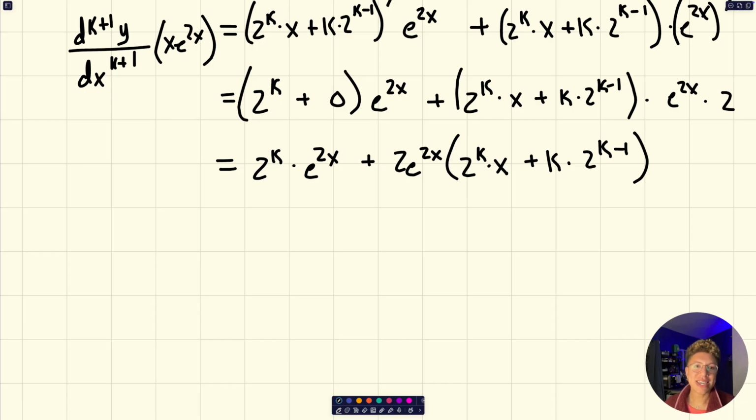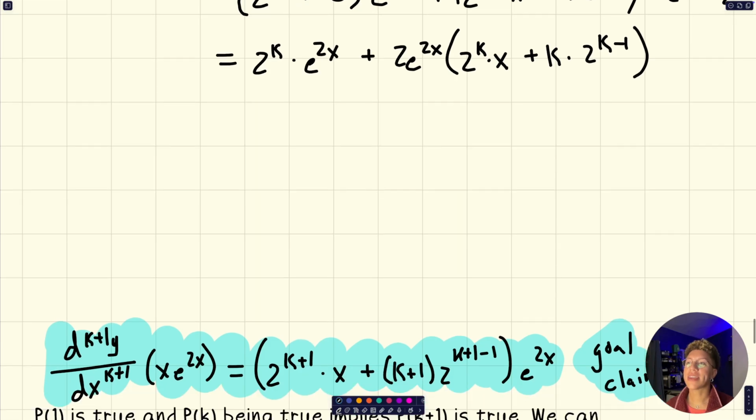It's kind of hard to see where we might want to go, but if we take a look at our goal down here, we see that the e to the 2x is factored out front. So that gives us a guide of what to do next in our algebra. Let's factor out an e to the 2x as our first step. If we factor out an e to the 2x, we get a 2 to the k left over. So we get 2 to the k there, like that.